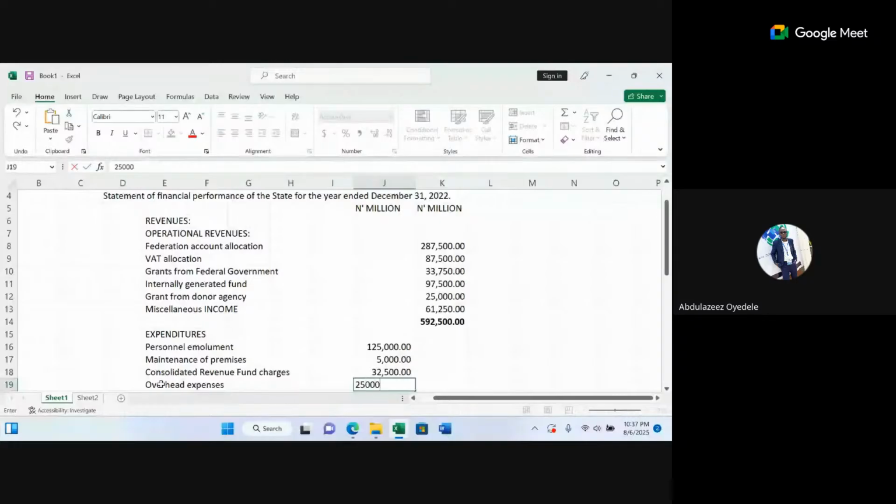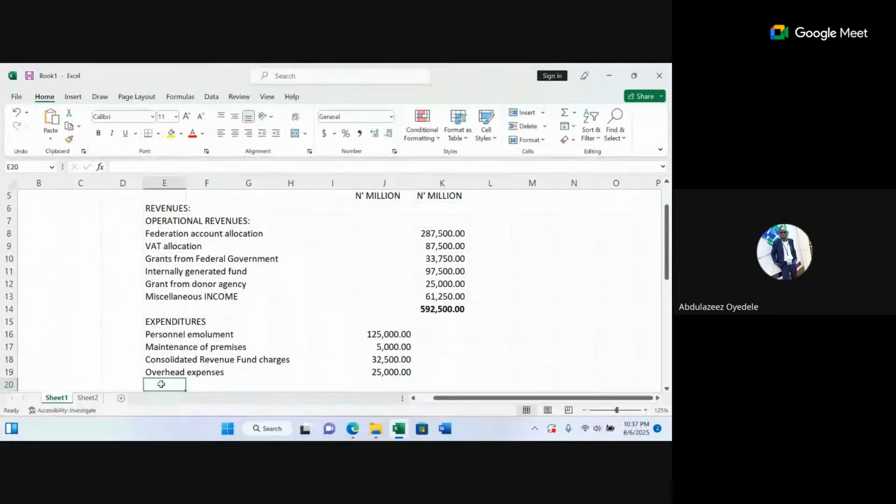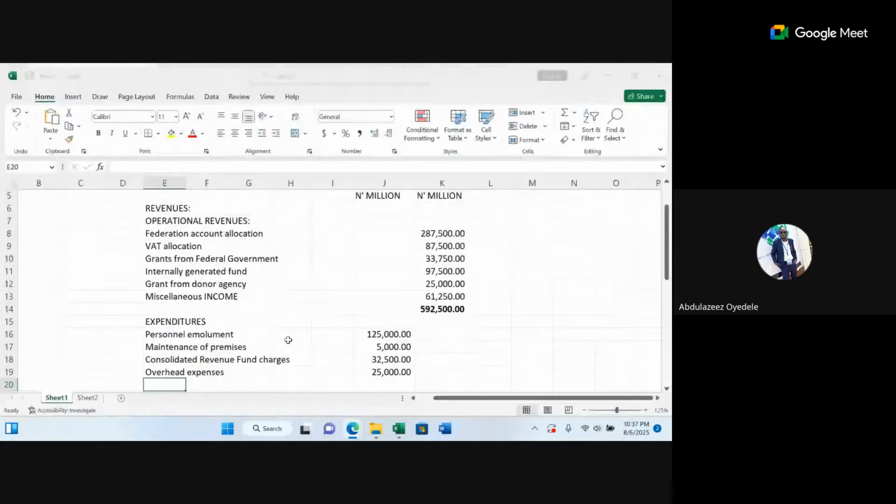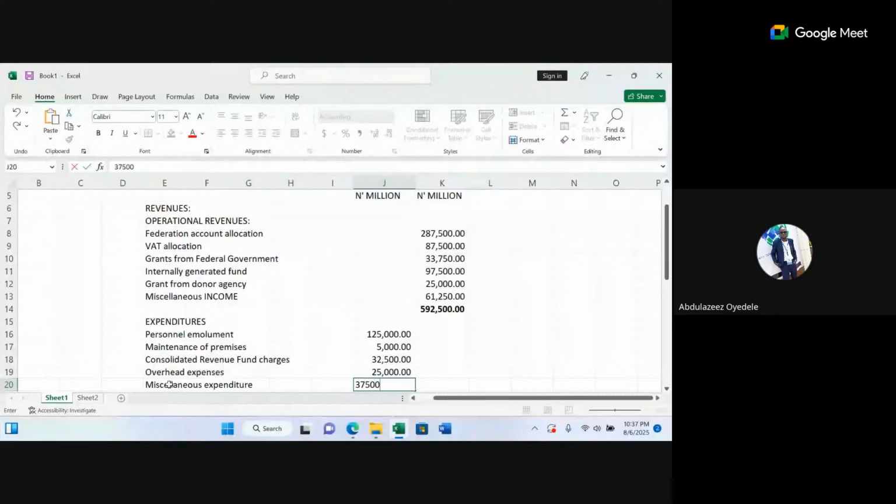And then I think lastly here we have miscellaneous expenditure, which is 37,500,000,000.